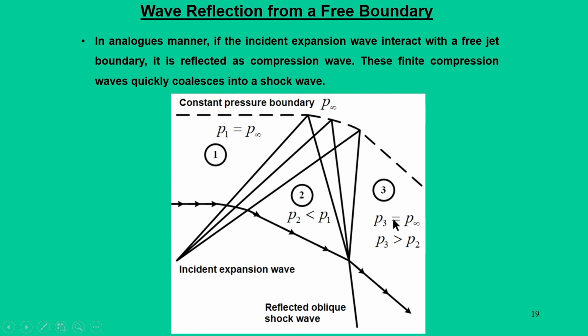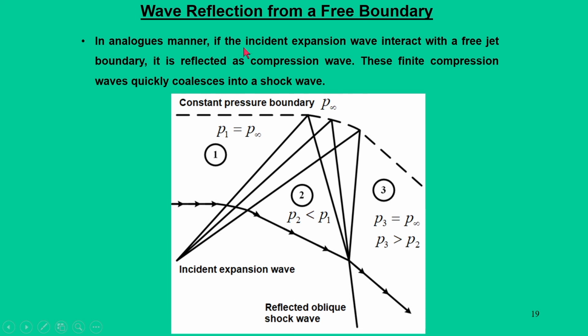Finally P3 must be equal to P infinity, but since P2 is less than P1, P3 must be greater than P2 here to match the conditions in region 3. That means the merging of this expansion wave must be a shock wave or oblique shock. So, when this expansion wave comes and merges, it is a reflected oblique shock.